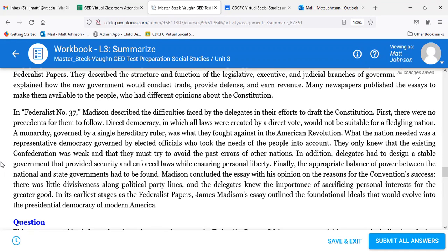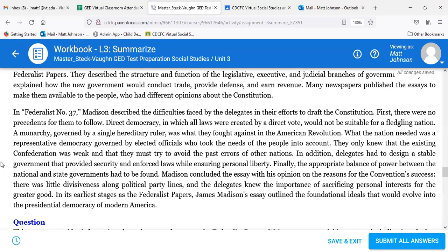Madison, what exactly is he talking about? The benefit of a representative democracy. What else? What are some other points here?